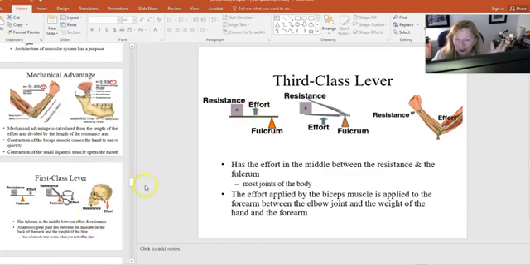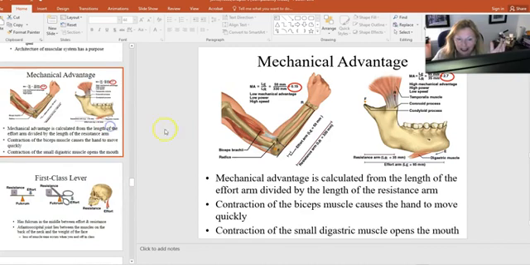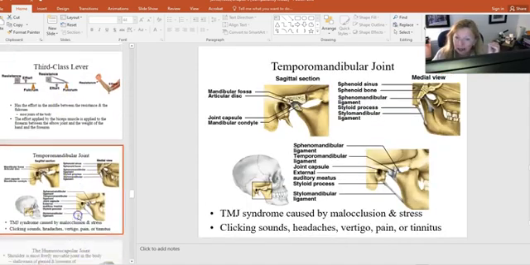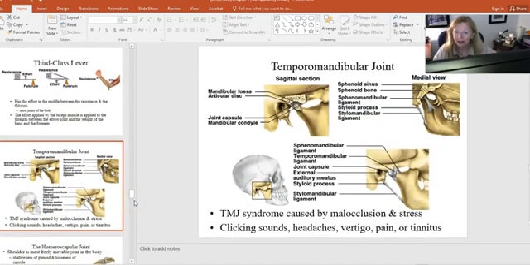Those are the 3 classes of joints. Again, that effort arm can be measured. The resistance arm can be measured from the fulcrum. And that's what they use to determine what kind of mechanical advantage you have at that particular joint. And again, you don't want to lose your mechanical advantage at your joints because it's going to compromise your quality of life.